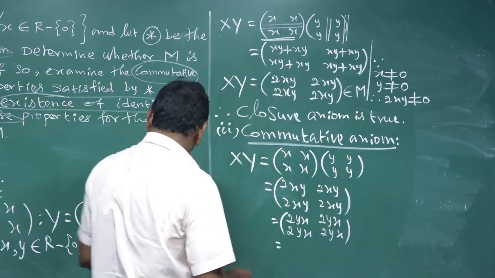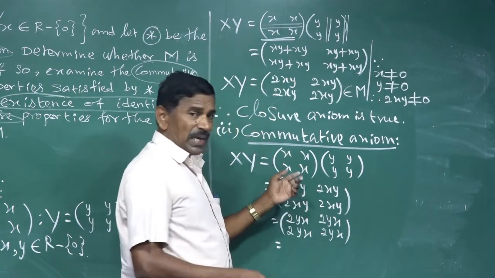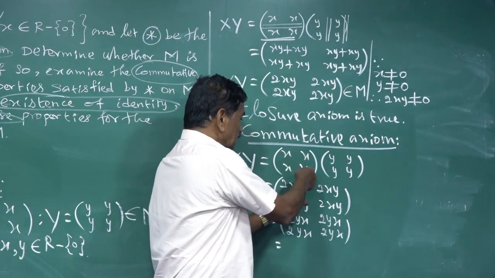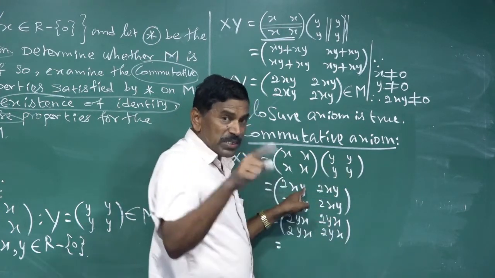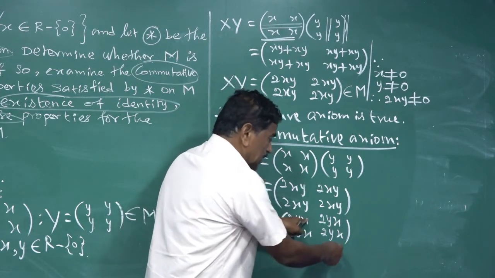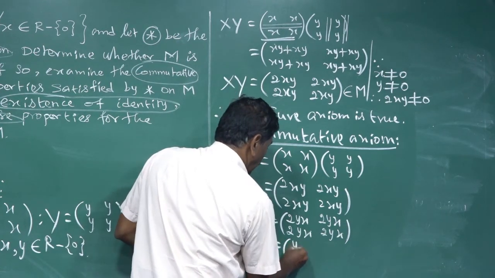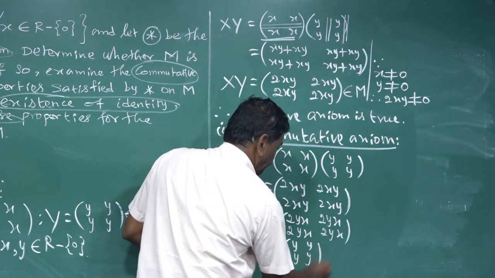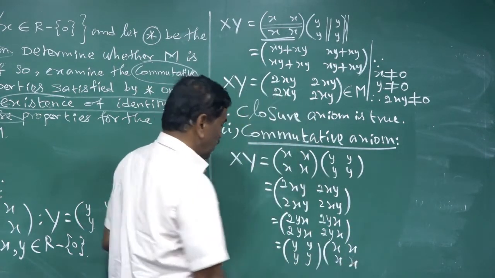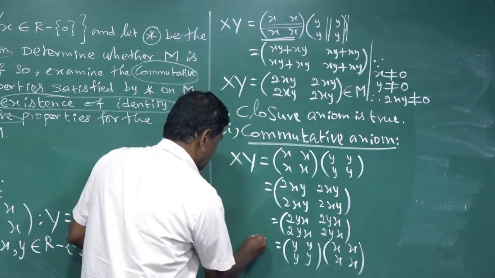Now we have the technique. Already here it is a reverse answer. Suppose your answer X into Y means first element x, second element y. Using that idea, now first element y, second element x, like that I can write, which is equal to Y into X. Now listen carefully, the left hand side is XY, that is important.